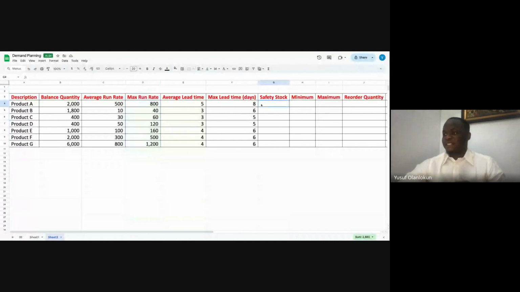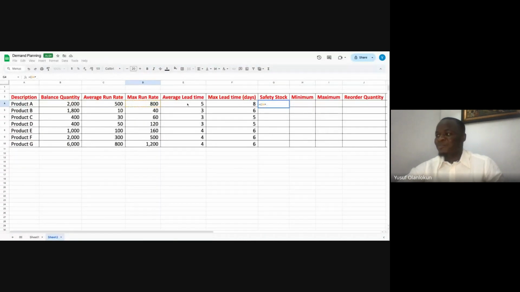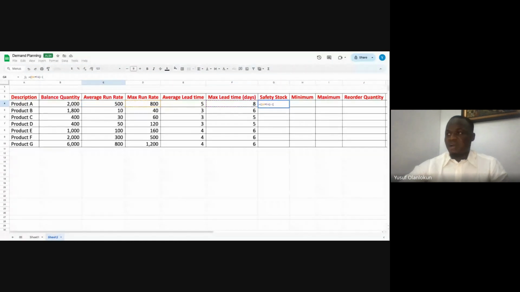To now calculate the safety stock, like I showed in the formula, it will be maximum run rate multiplied by maximum lead time, then you subtract average run rate multiplied by average lead time.